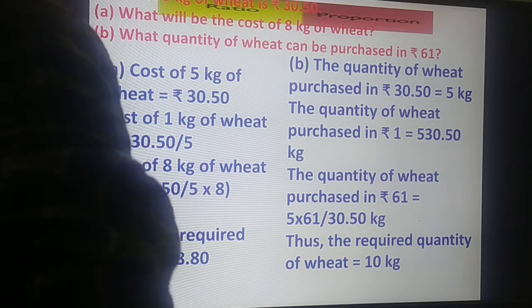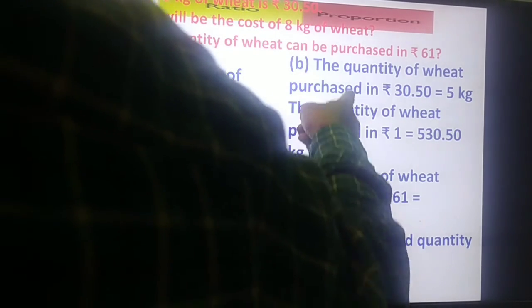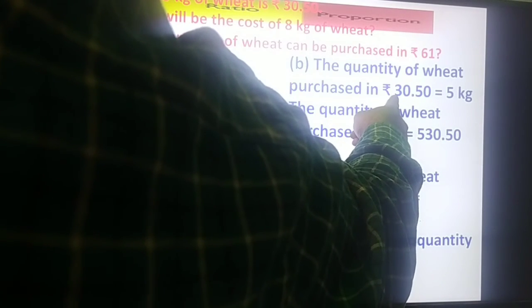Now in the unitary method, suppose we want to find how much we can purchase for 61 rupees. First of all we have to find how much we can purchase for rupees 1. For 5 kg we have to spend 30 rupees 50 paise. So for rupees 1, how many kg do we get?